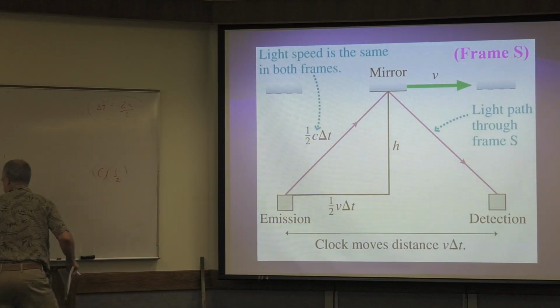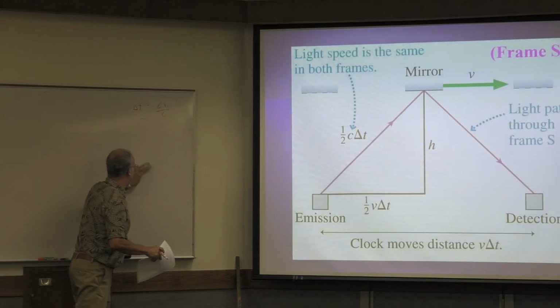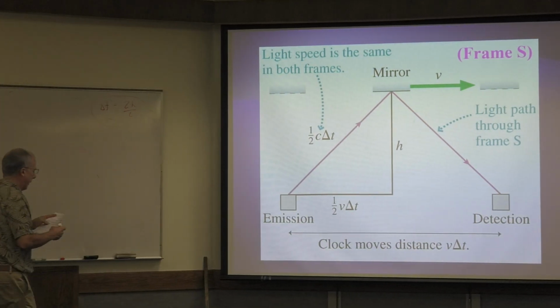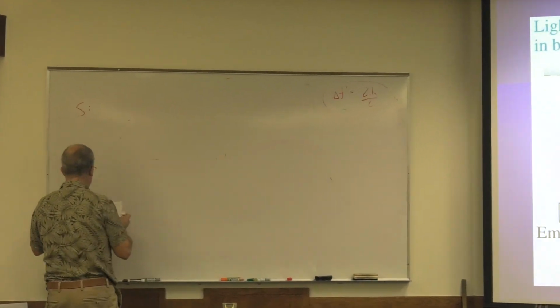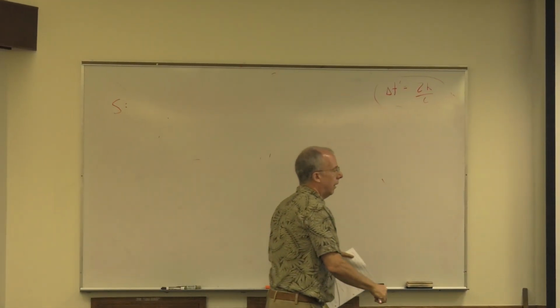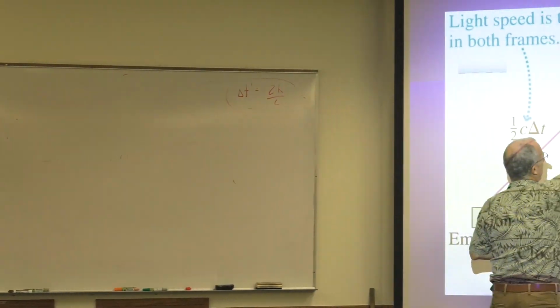All right, so let's use the Pythagorean theorem. So for frame S, this squared plus that squared equals that squared.